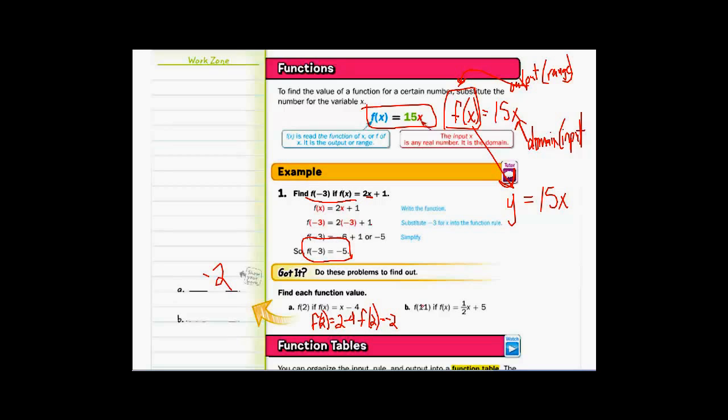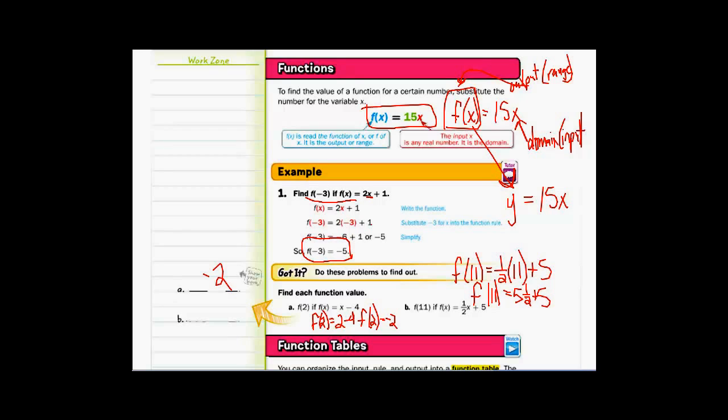Next one, f of 11 if f of x is equal to 1/2 x plus 5. So f of 11, and then we're replacing our x over here with an 11 plus 5. So f of 11 is equal to 1/2 of 11 is 5.5 plus 5.